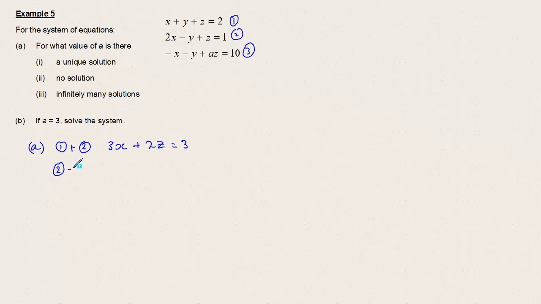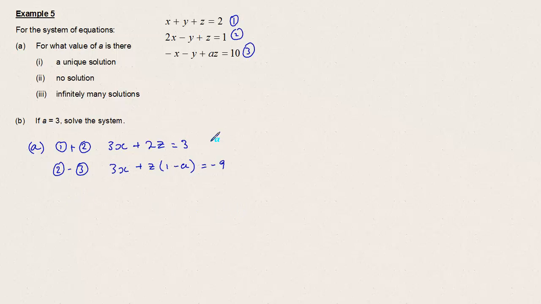So equation 2 take away equation 3 gives me 3x, the y's disappear, and then I get z take away az. So that's z into 1 take away a, and that's going to be equal to -9.